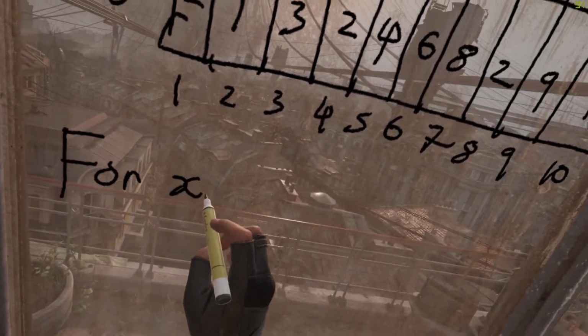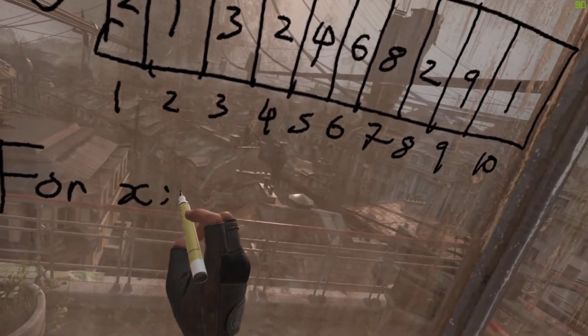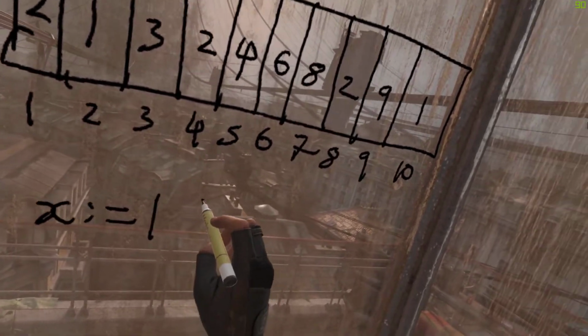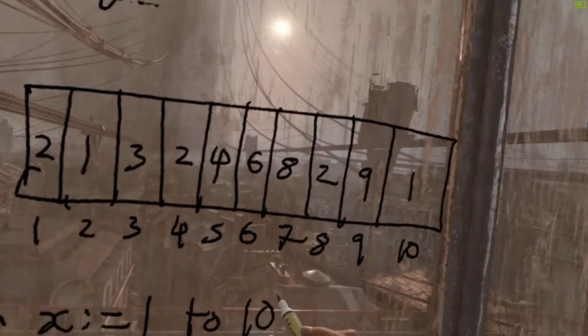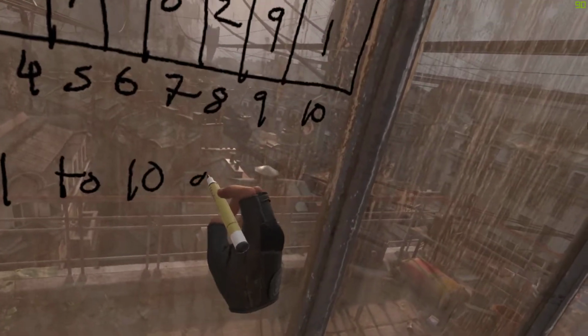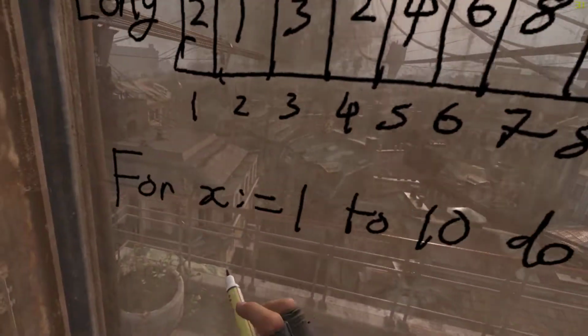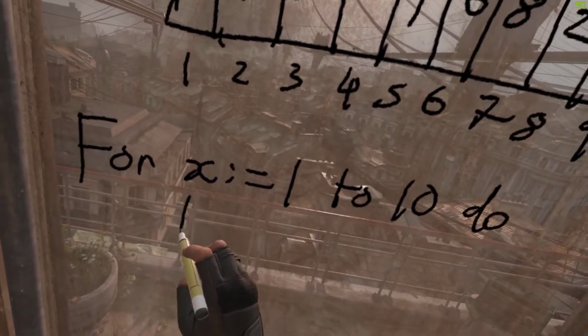For x := 1 to 10, because it has 10 locations, do begin.